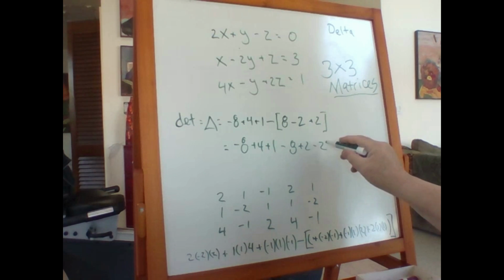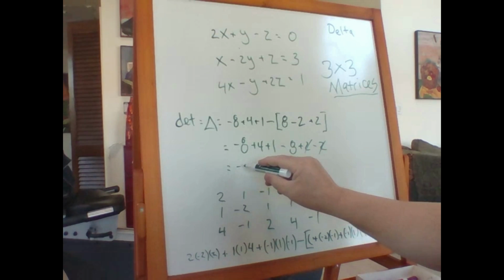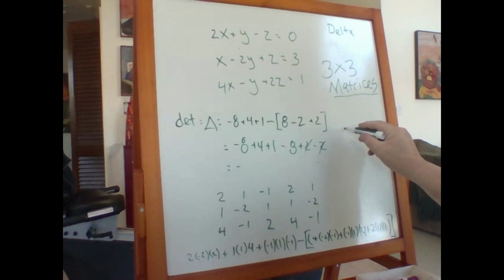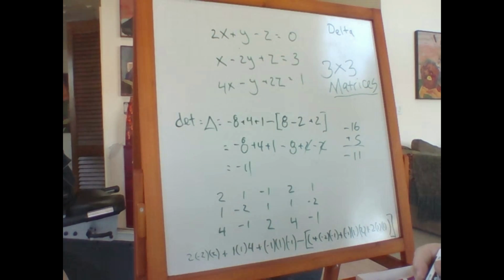2 minus 2. These cancel. This is minus 16, 20, okay, minus 16 plus 5. So that's minus 11. All right, so our determinant is minus 11.